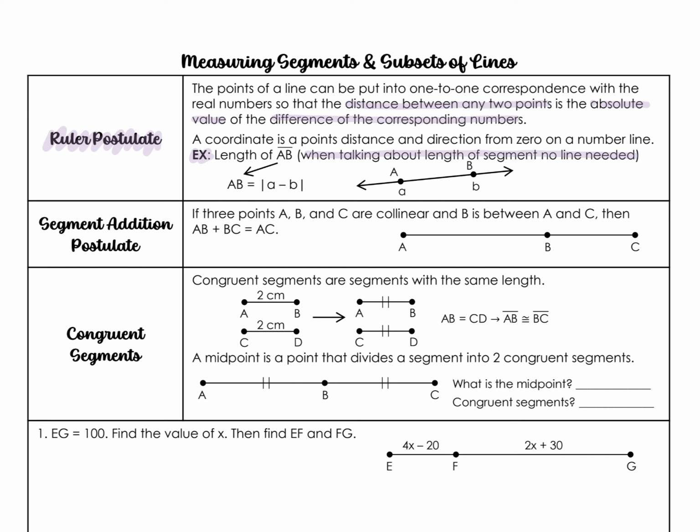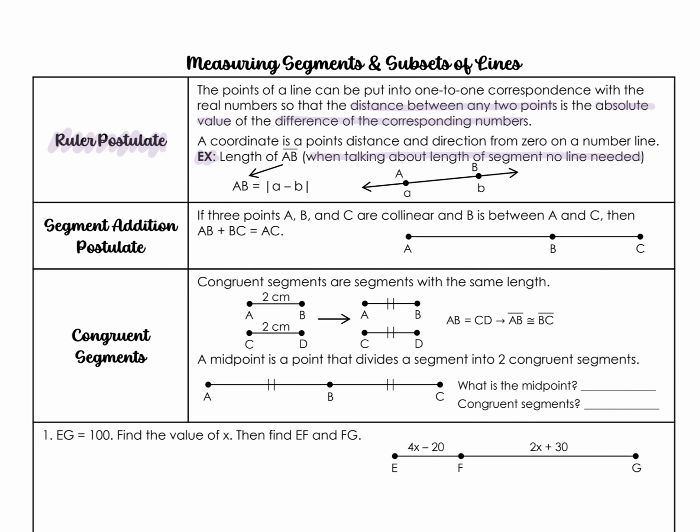Okay, let's look down here at our segment addition. If points A, B, and C are collinear, and if you remember, collinear means that they lie on the same line, and B is between A and C, then you can say that AB plus BC should be equal to the entire line AC.